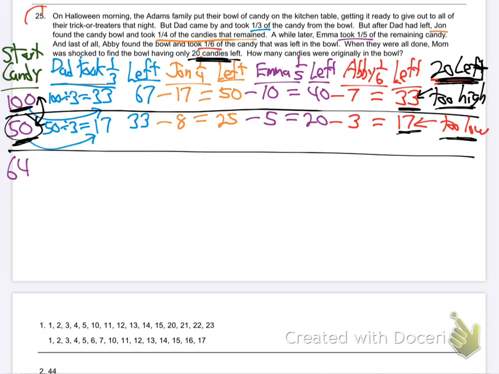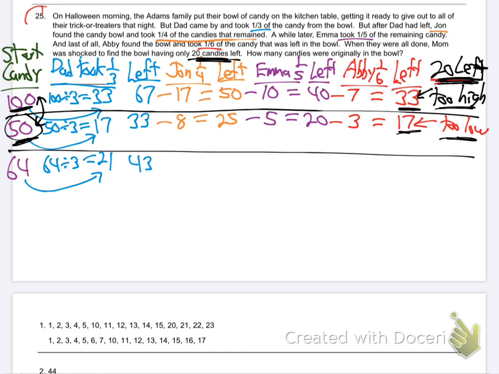If I do 64, Dad took a third, so 64 divided by 3. I'm guessing 21, rounded, and then subtract 64 minus 21 to see what's left in the bowl after Dad takes a third. That leaves 43.